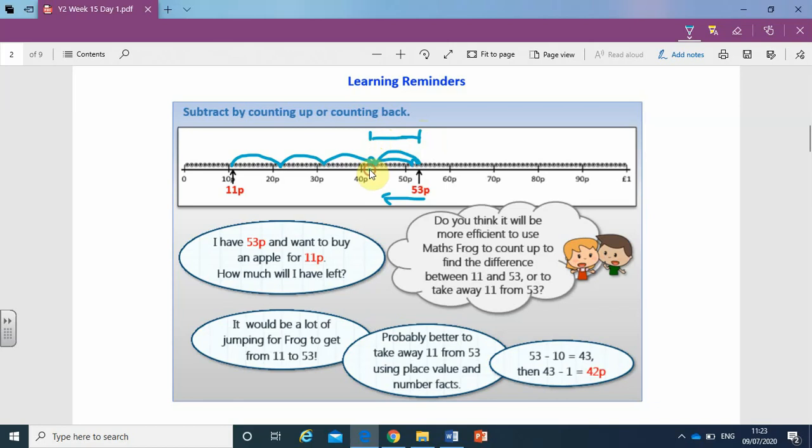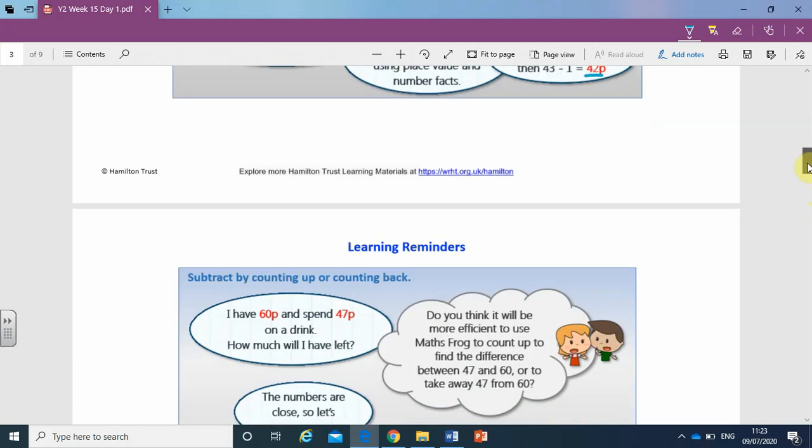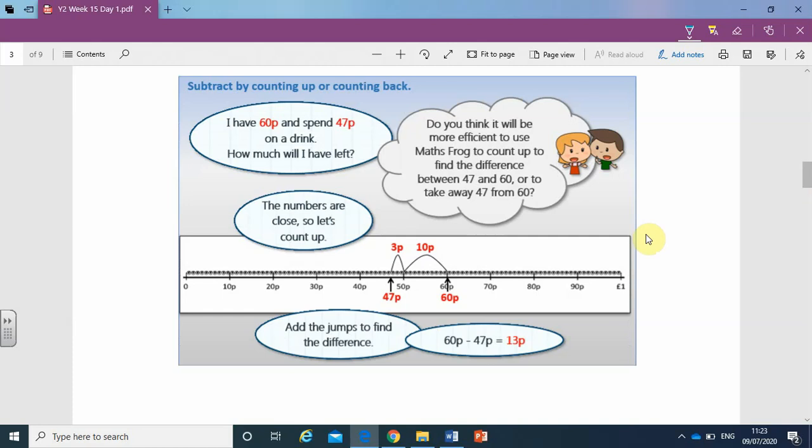And what number am I at? I'm at 42. So I've gone back 11 instead of forward 42. So it's saying in this situation, it would be easier to count back because it's less. It's less work for me. We always look for the easiest way to do it.